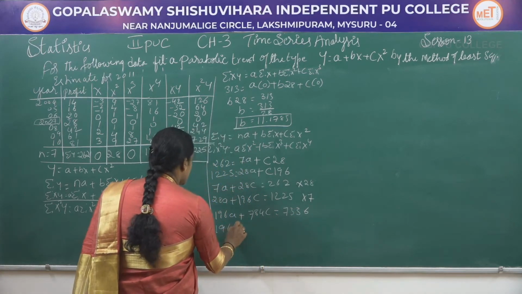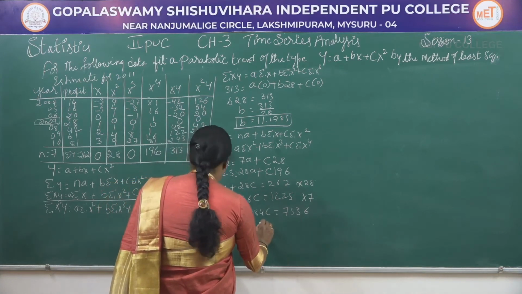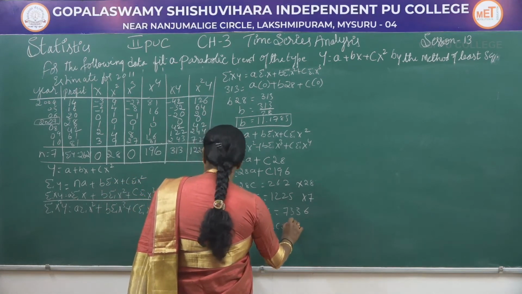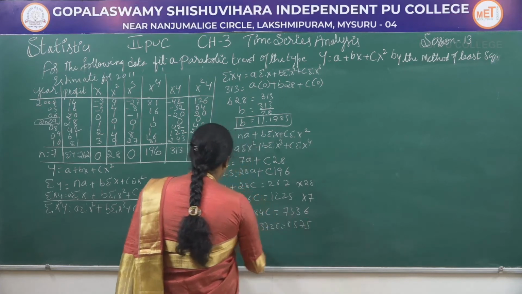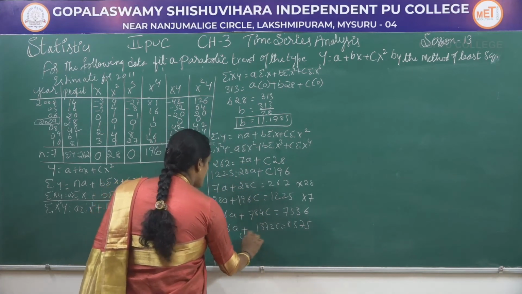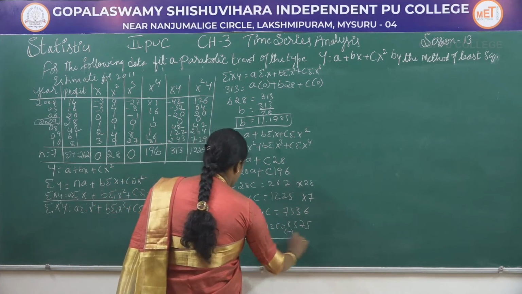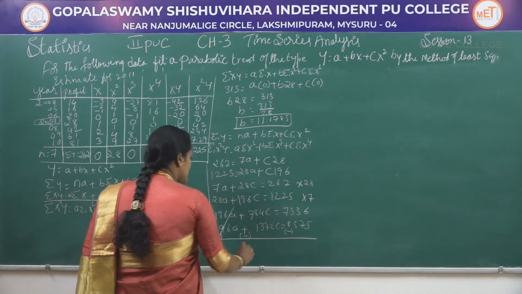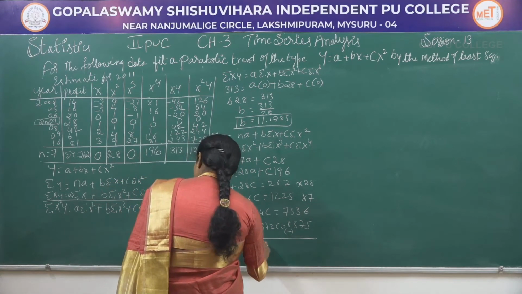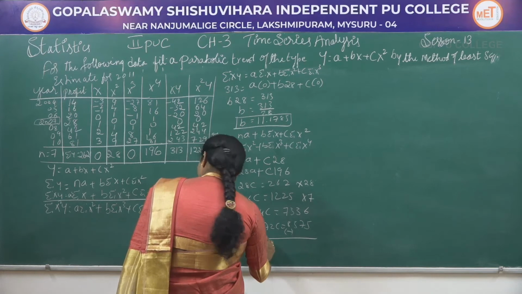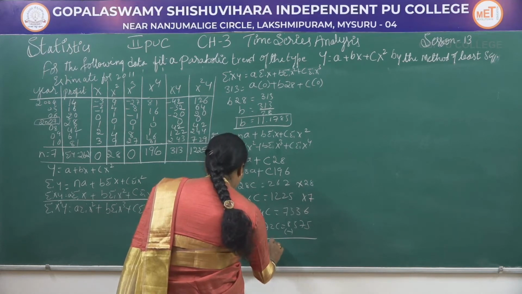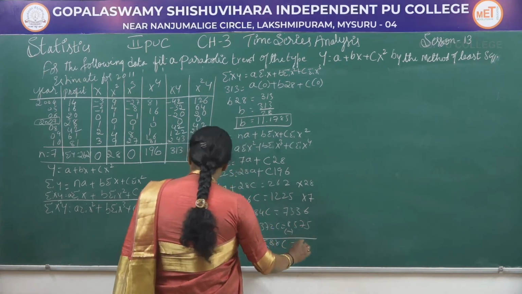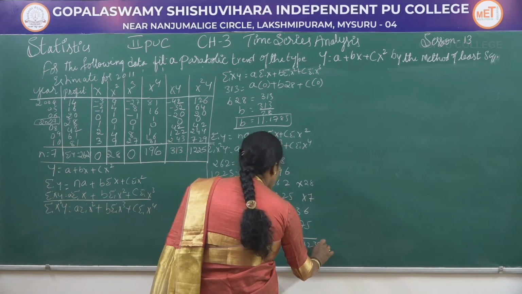Again 196a plus 1372c is equal to 8575. So change the sign so that it will be easy. This will get cancelled. This is minus 588c is equal to minus 1239.